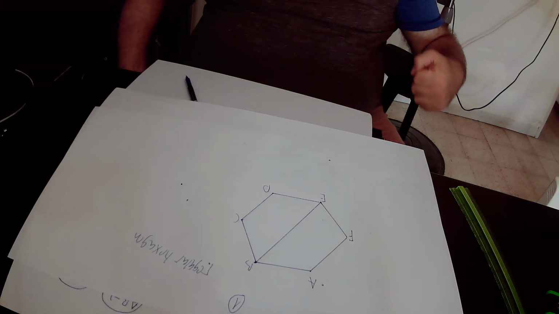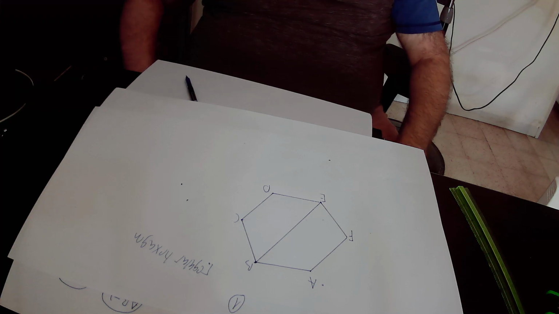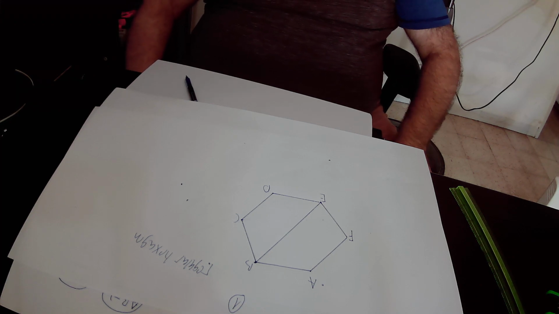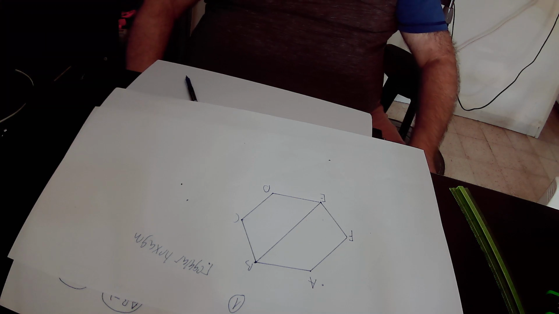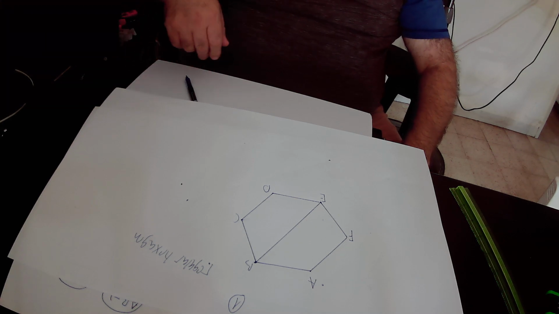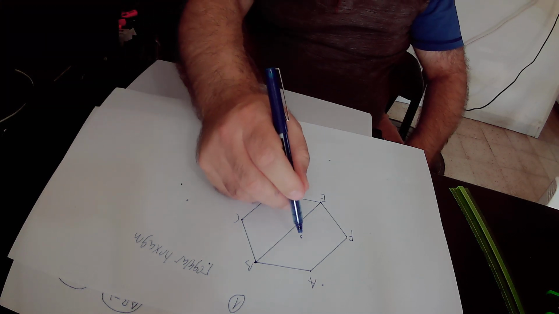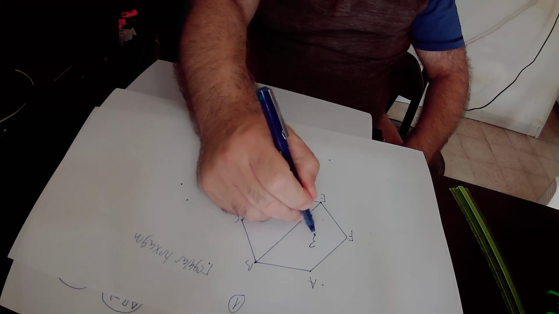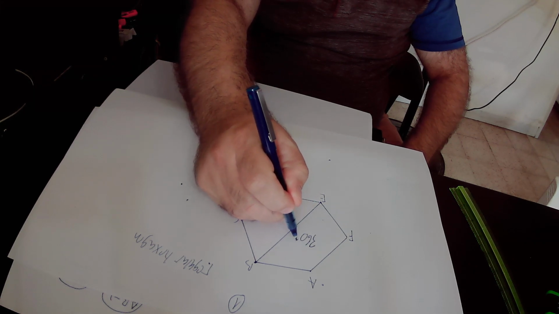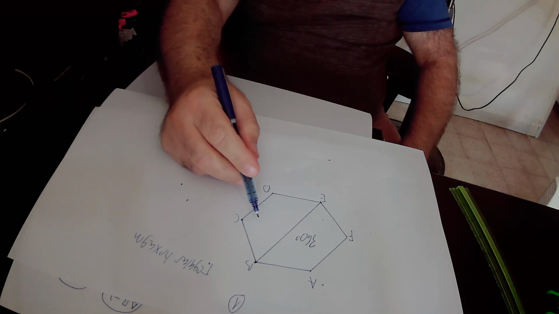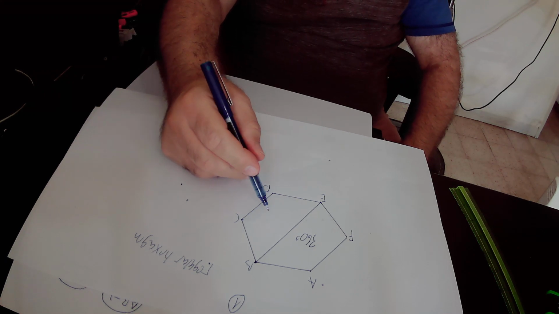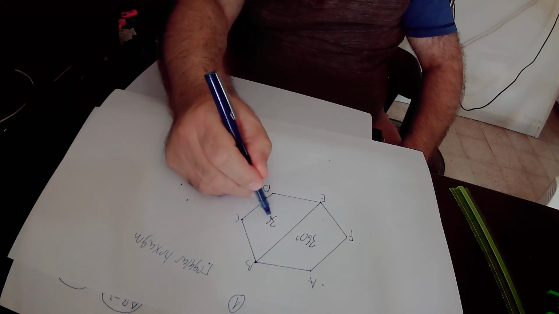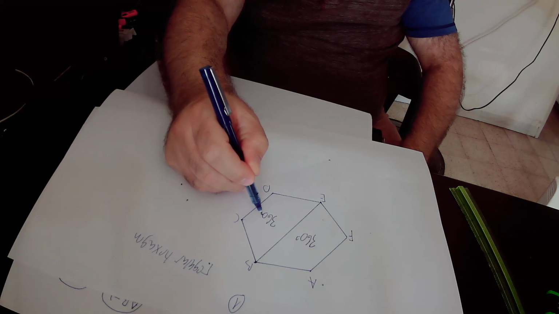We already know that the sum of the angles in any quadrilateral is equal to 360 degrees. So the sum of the angles in quadrilateral ABFE is equal to 360 degrees. Likewise, the sum of the angles in quadrilateral BCED, this quadrilateral, is also equal to 360 degrees.